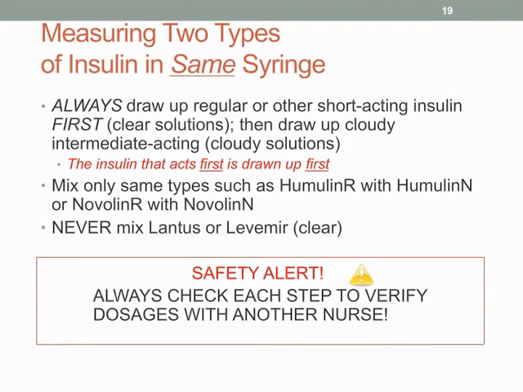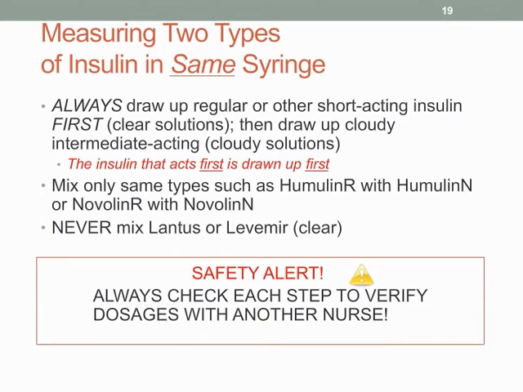Then draw up the cloudy or the intermediate-acting insulin. So the insulin that is to act first is drawn up first. That's one way to remember which one goes first. The other phrase is clear before cloudy.